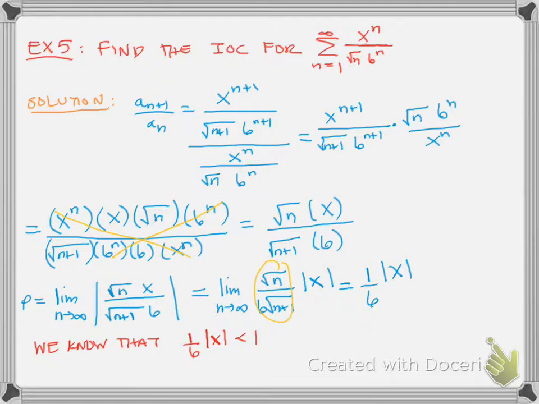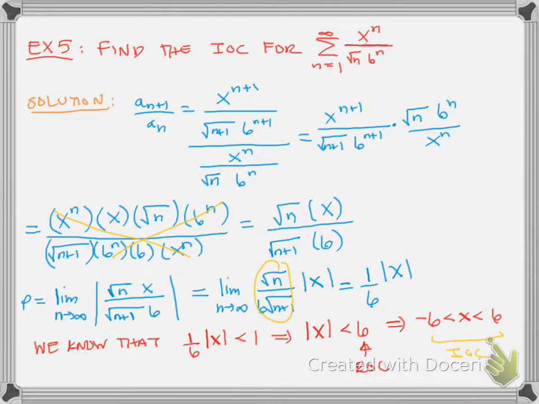However, this is an example where you need to multiply. So if you multiply 6 on both sides, we get the absolute value of x is less than 6. So now this is your ROC. Okay, so your radius is 6, right? And so that means you have negative 6 is less than x is less than 6. And this becomes your IOC.